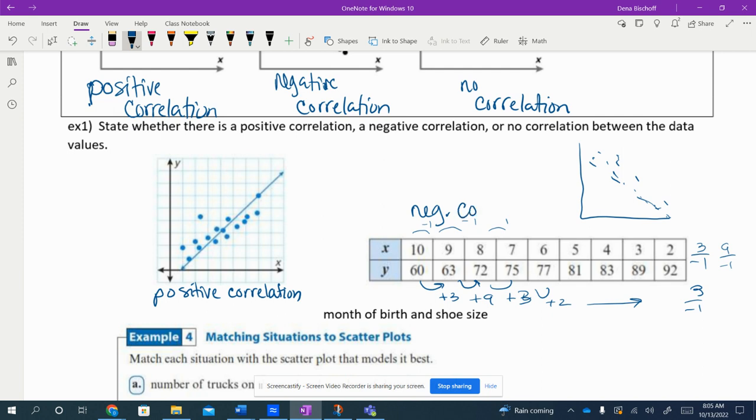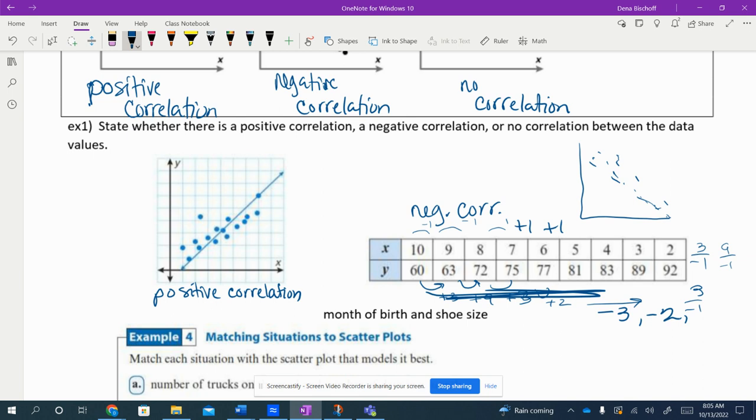Okay. What if the x values were increasing, but the y values were getting smaller? What kind of correlation would that have? What kind? Positive. What is negative 3 over positive 1? Negative.